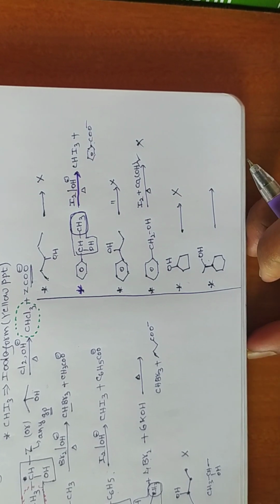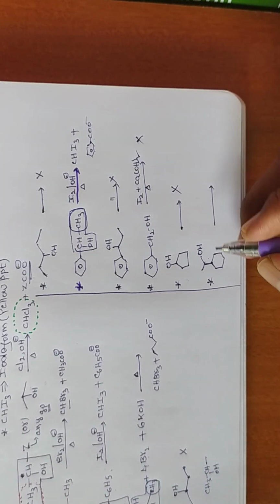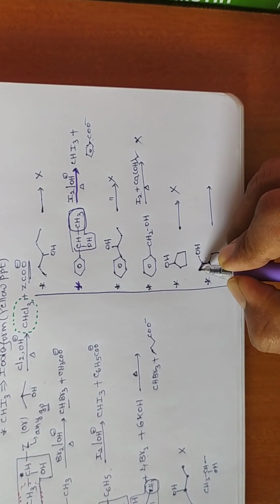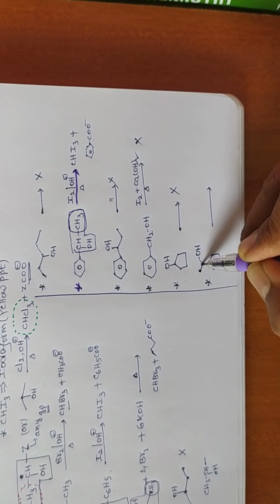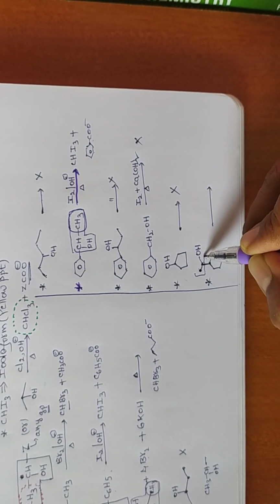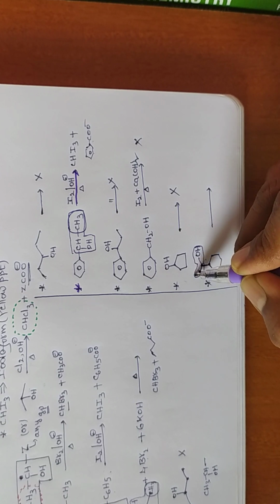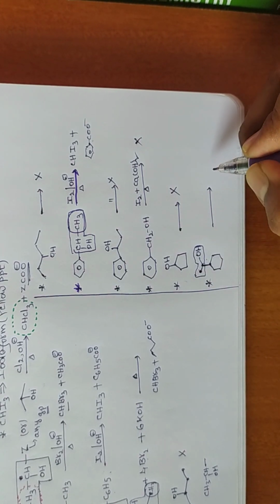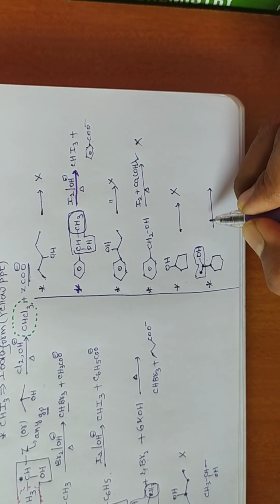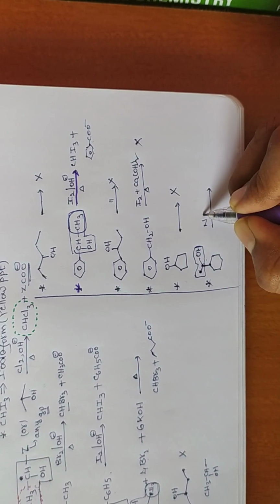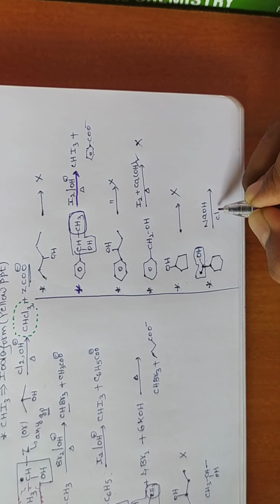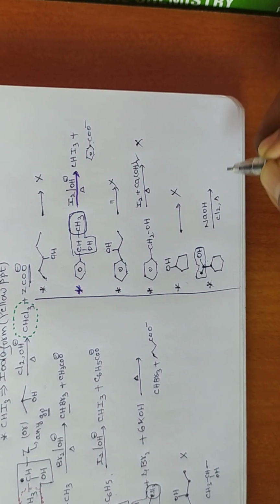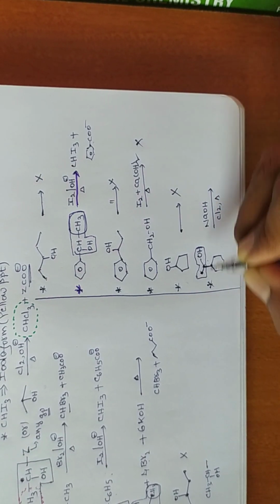Next, will this compound give the haloform test or not? See now here, this is CH3CHOH. So the CH3CHOH group is present, so therefore it will give a haloform test. For suppose reacting with NaOH in the presence of chlorine, it will give haloform.